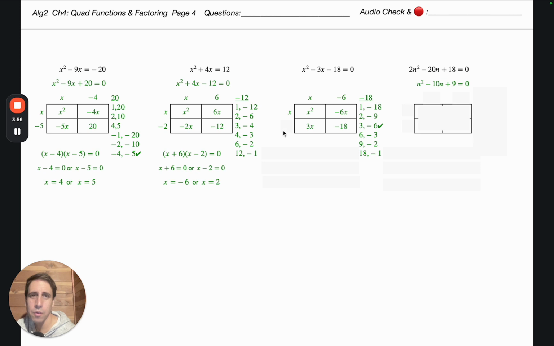Negative 6. What times x gives me 3x? 3. And then we see all these down here also work out. Great. Join everything together with multiplication, separate it with the zero product property, and solve. And I want you to tell me what's underneath this red dot.